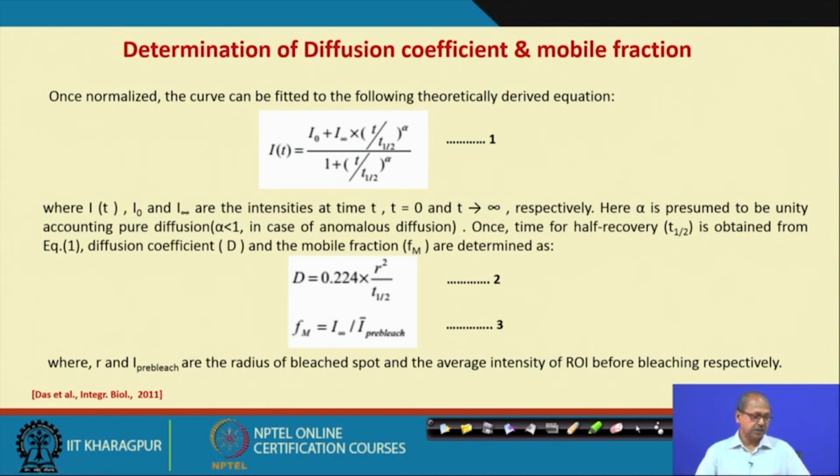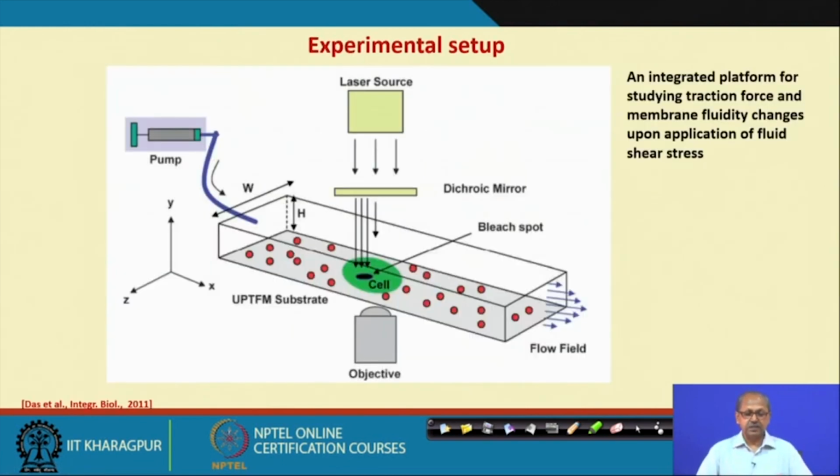In the next experiment, a setup is necessary where we can integrate at least 3 phenomena. One is fluid flow for the generation of the wall shear stress, and a PDMS layer embedded with fluorescent beads for measuring traction force.